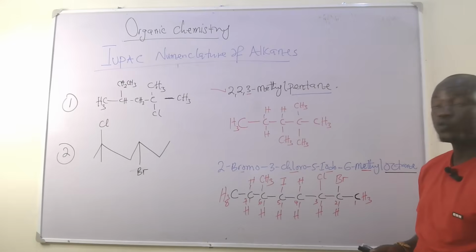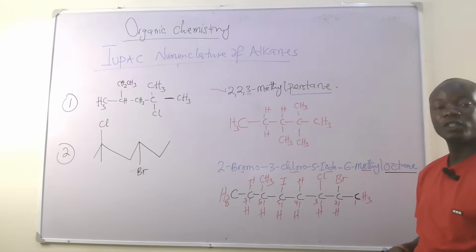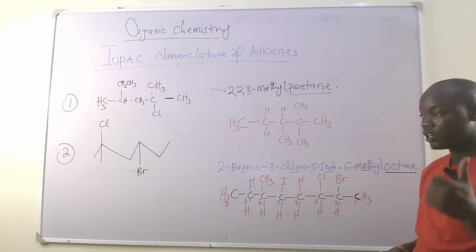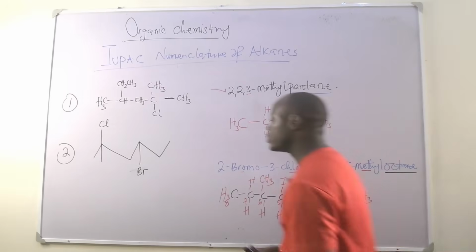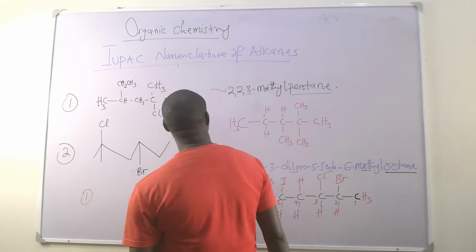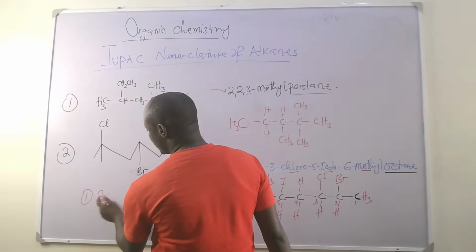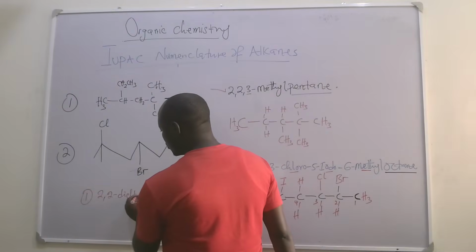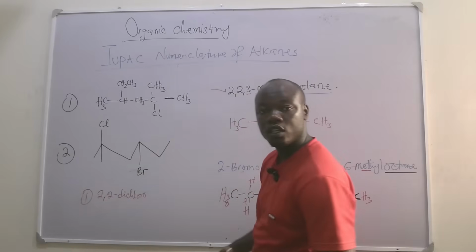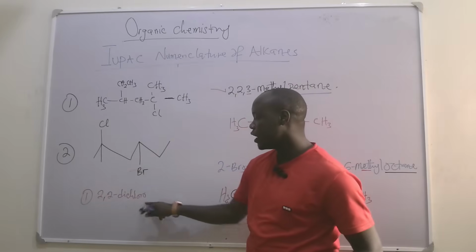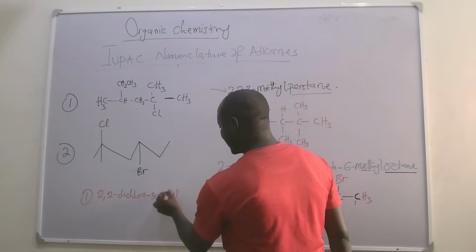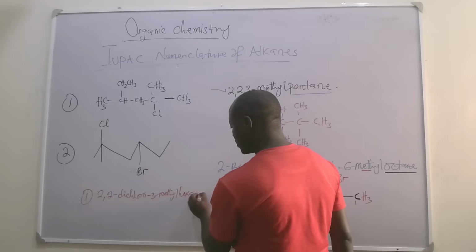So I will now give you 2 more names to draw the structure of the compound, and I need the answer, snap it and place it on the comment section of the video. So now we have number 1: 2,2-dichloro, 3-methyl hexane.